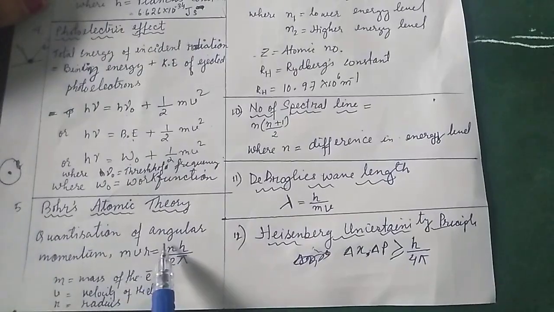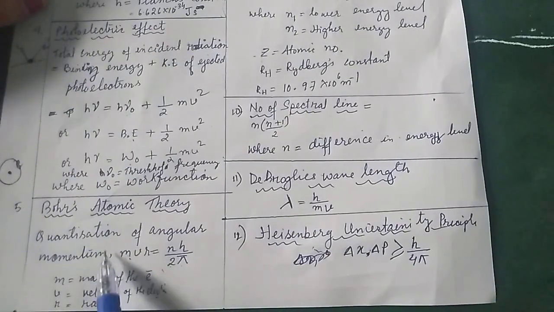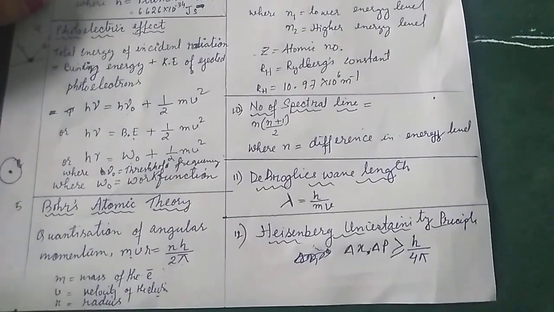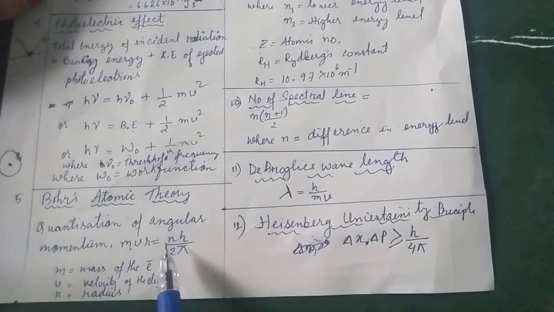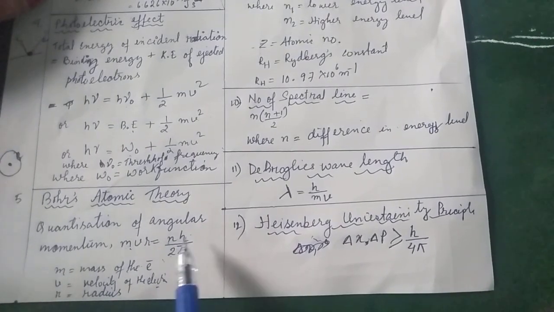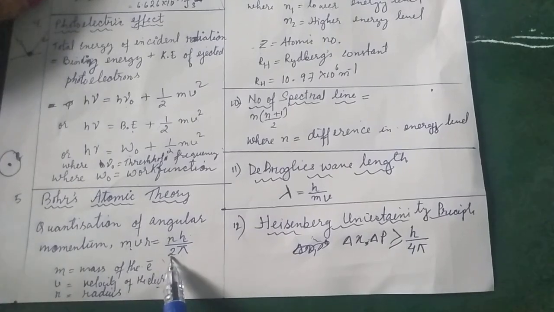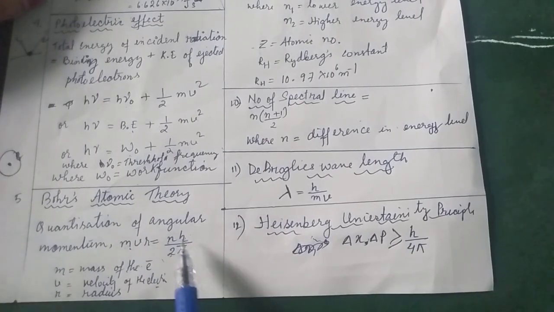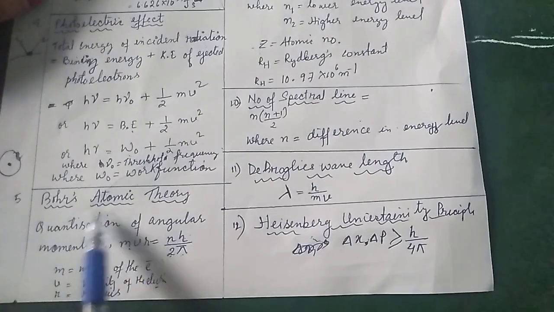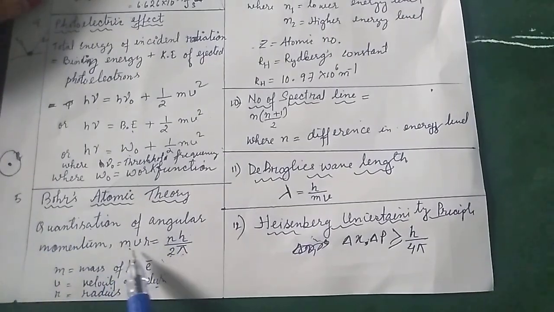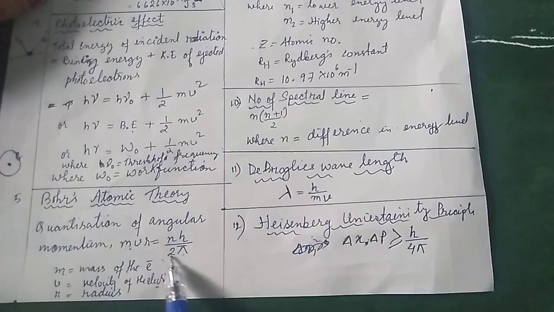That means the angular momentum is quantized. Quantized means having a fixed value. Here h has its own value, n can be any number 1, 2, 3, 4, and 2 and pi are also fixed numbers, so we get a fixed value, that is called quantized. So only those electrons can move whose value is nh by 2 pi.